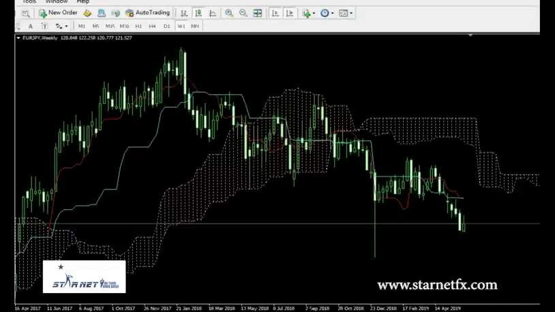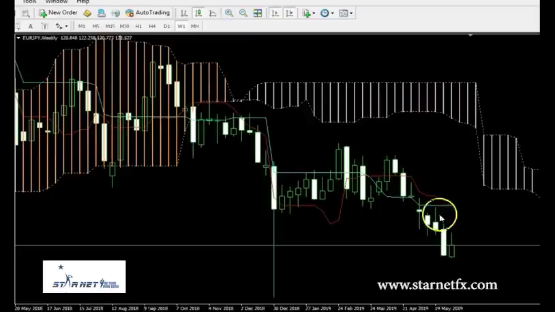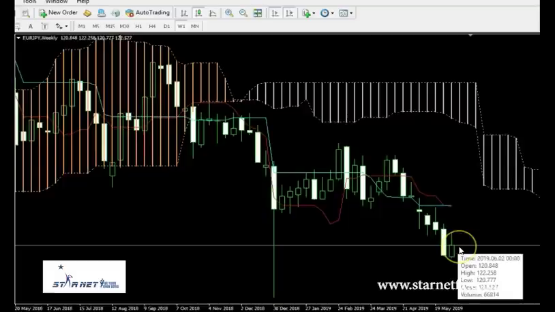So I'm here back at the Euro Yen, but we're on the weekly chart. I had to find a situation where we are just about to get a trade, so we can check the Chikou span to see if it allows us to do that. So as you can see right here, I'll zoom in to make it easier. We are going to wait for this candle to form.